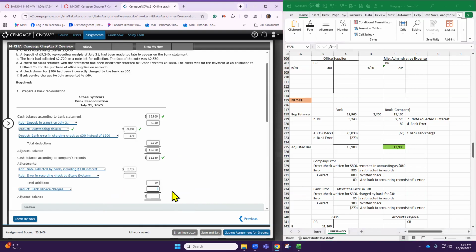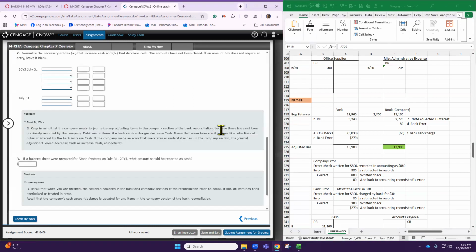And then that service charge is 60 bucks. Sorry about that. And then we need to add the two additions together, and those add up to $2,800. And so we balance now to $13,900. So I think we've got that right.